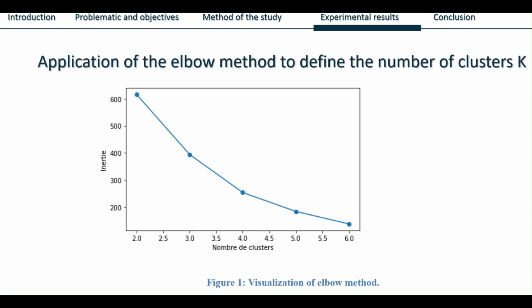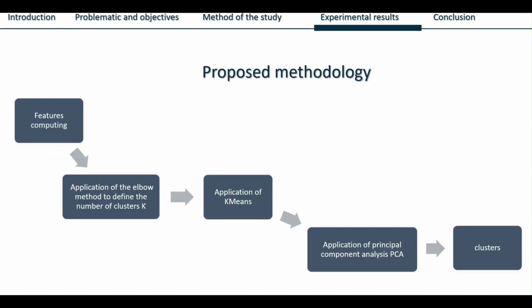On the chart, we have inertia on the vertical axis and the number of clusters on the horizontal axis. As we add more clusters, the inertia drops quickly at first, but then slows down. We look for the point where the drop starts to level out and it looks like an elbow. And here, the perfect number of clusters is 4.